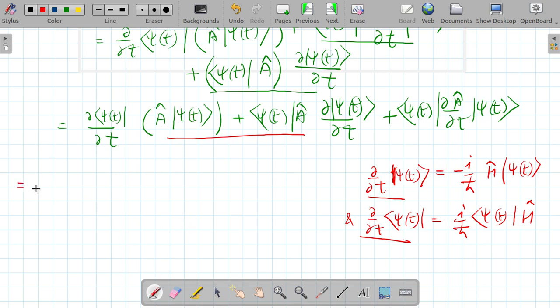Let me write it like this, and here it is iota by h cross with it and iota by h cross.